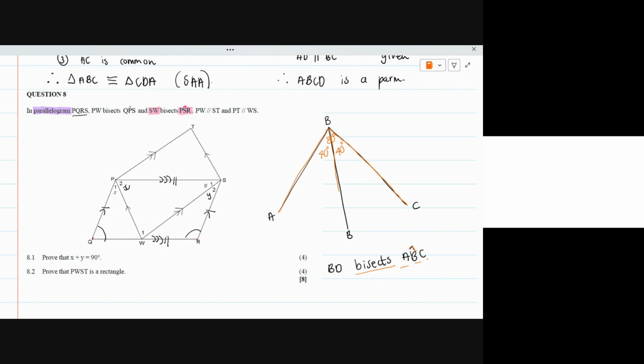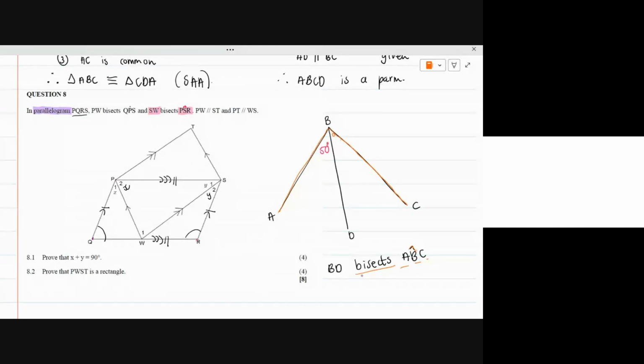Okay, lovely. So now, let's say I tell you that BD bisects ABC, and I tell you that this side over here, ABD, is equal to 50 degrees.